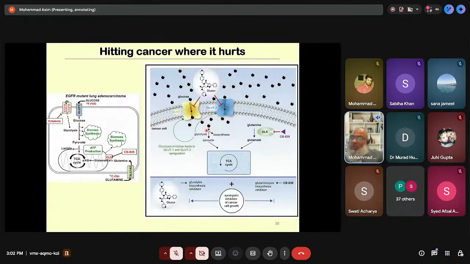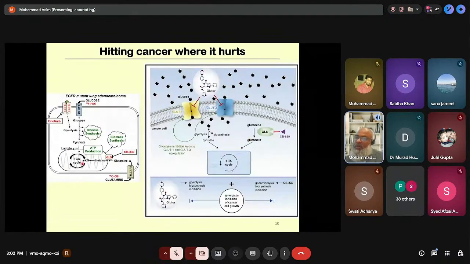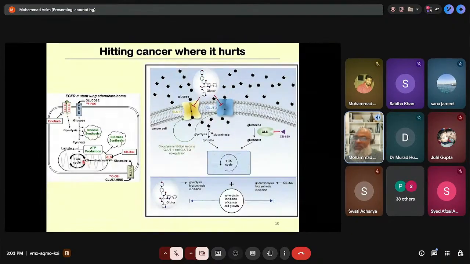But also, if you block this, glutamine can be used as an energy source. Glutamine is converted into glutamate. Then glutamate can enter the TCA cycle via the alpha ketoglutarate entry point. You can see in individuals who have IDH mutations, they will have a deficiency of alpha ketoglutarate.